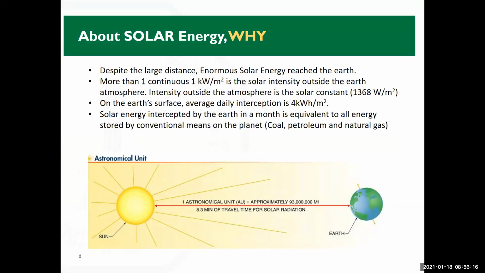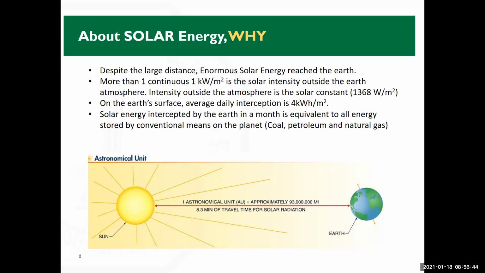Why are we interested in that? The sun is too far from Earth. The distance is so large. You can see it here: it's given as something like 93 million miles, and we'll convert that into SI units in terms of kilometers in a couple of slides. Despite the large distance from the sun, there is enormous solar energy which is reaching the Earth.